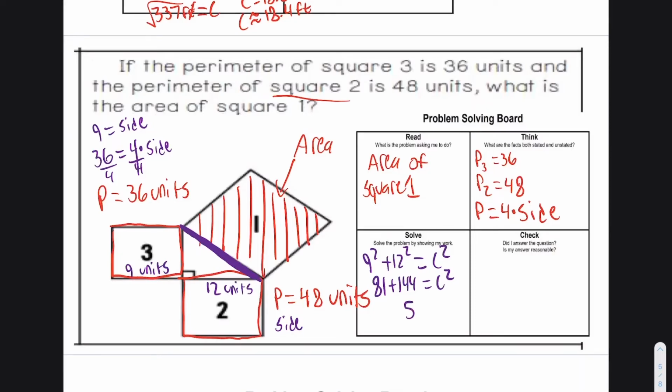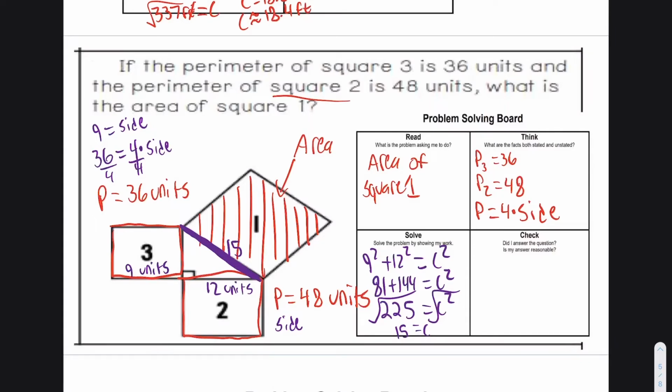It's going to make a 2, a 2, and a 5, 225, equal to c squared. The good news is when we square root this, 225 is a number that you should have memorized, or we've seen it before. It's going to be the number 15. 15 is c, so the side of square 1 is 15.